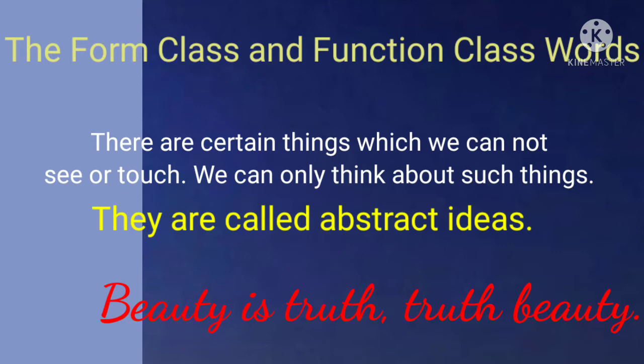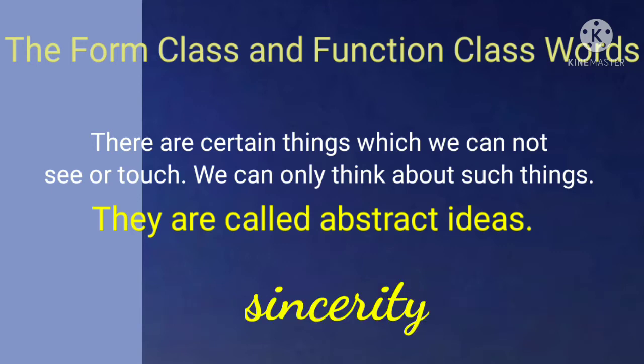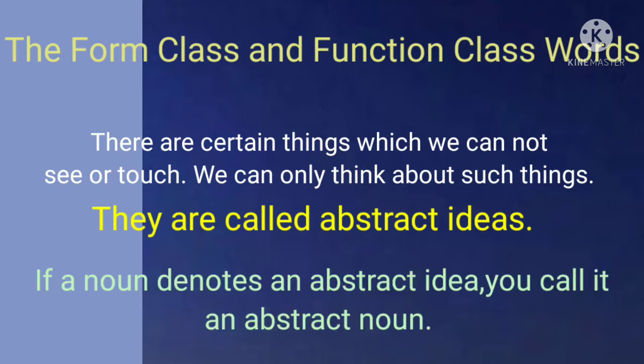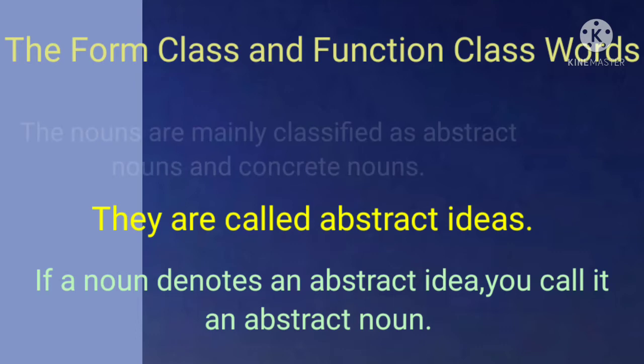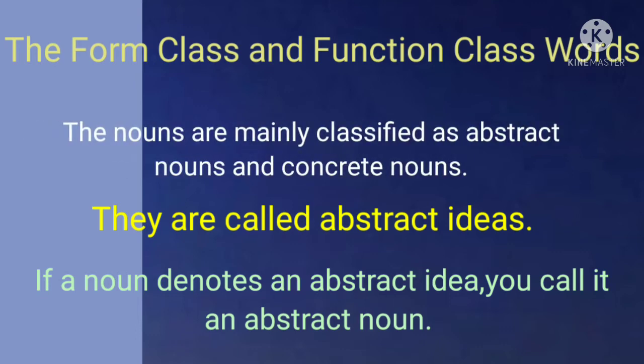And also sincerity. You can see a person who is sincere, but you cannot see the phenomenon called sincerity. All such things are abstract ideas. So if a noun denotes an abstract idea, you call it an abstract noun. The nouns are mainly classified as abstract nouns and concrete nouns.